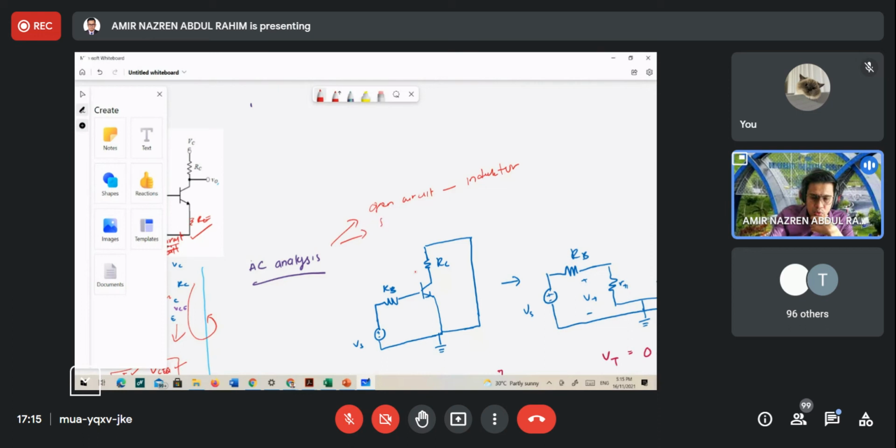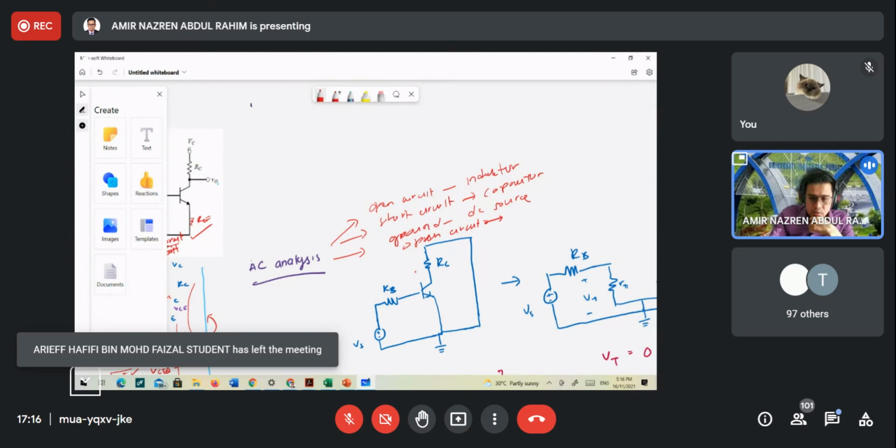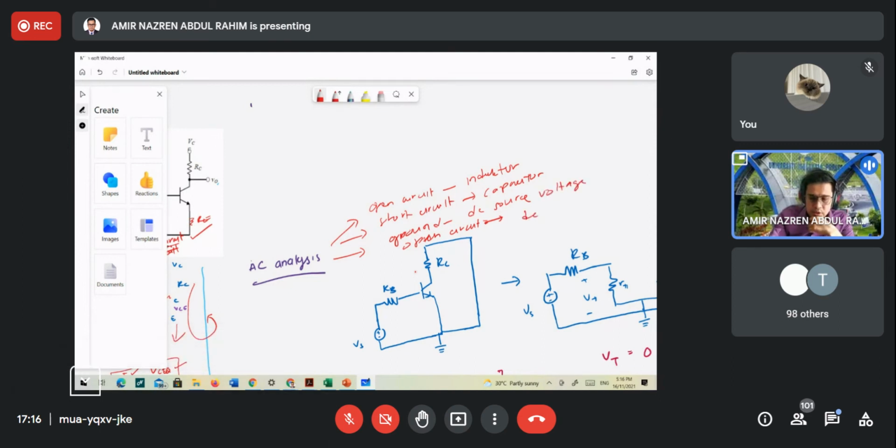We need to short circuit if we have a capacitor. We need to ground the DC source, and we need to open circuit if we have a DC current source.